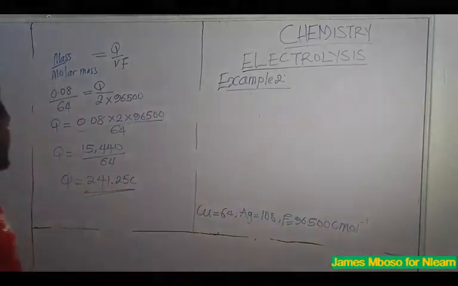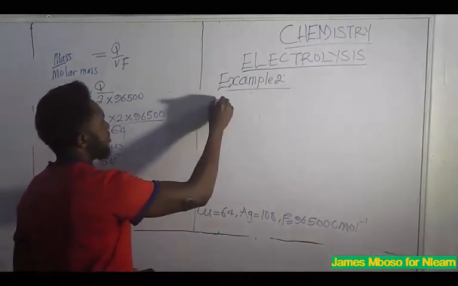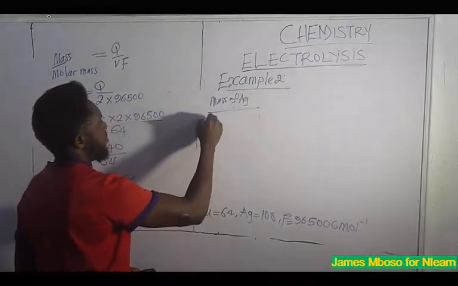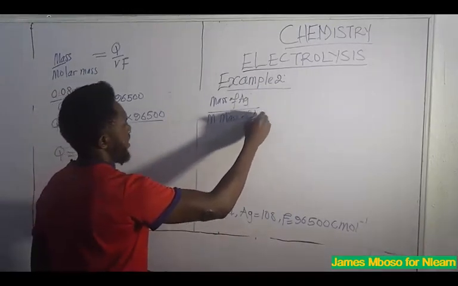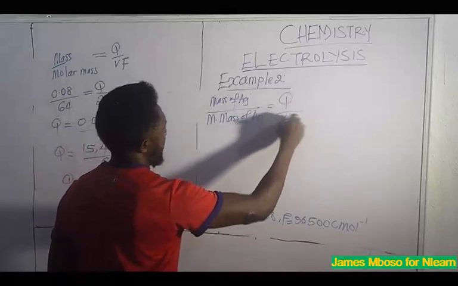We know the quantity now, so we use the same formula: mass of silver over molar mass of silver equals our quantity over VF.